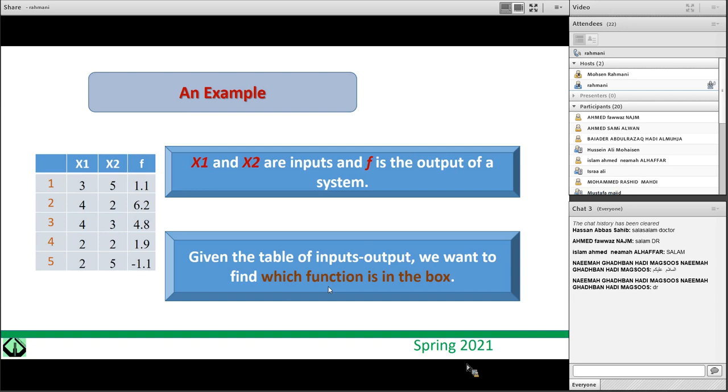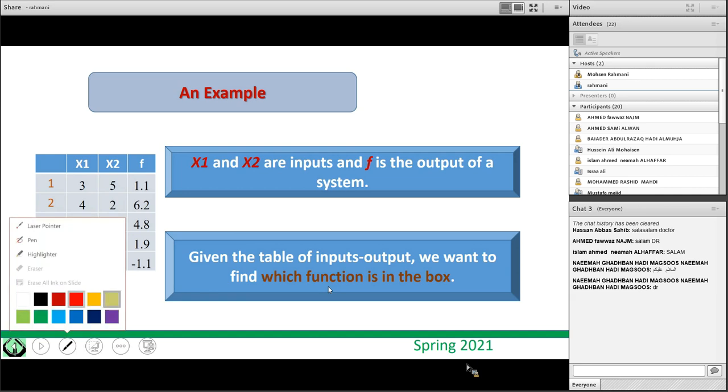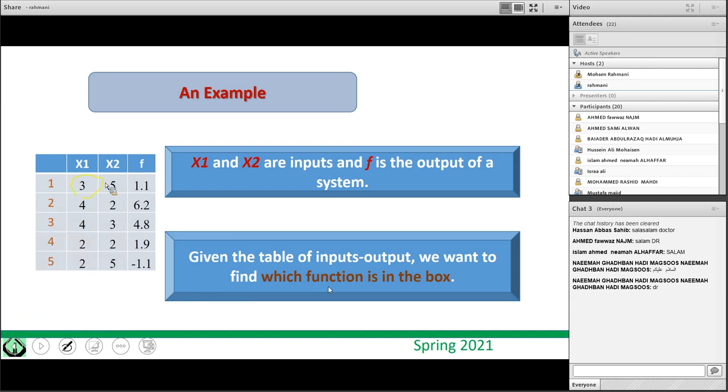Assume that you have a system with two inputs and one output. The inputs are x1 and x2, and output is f.